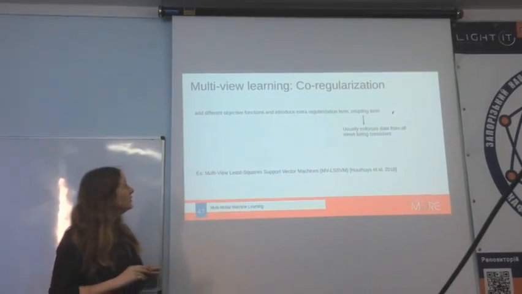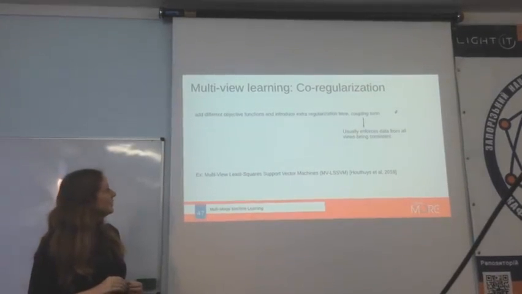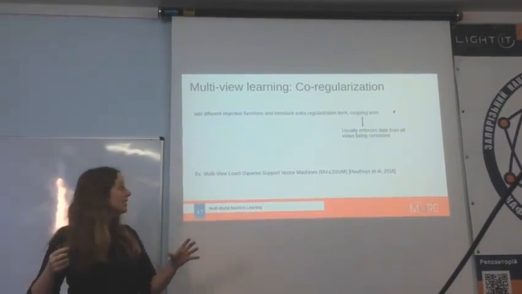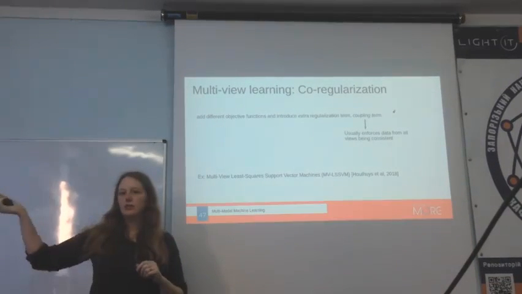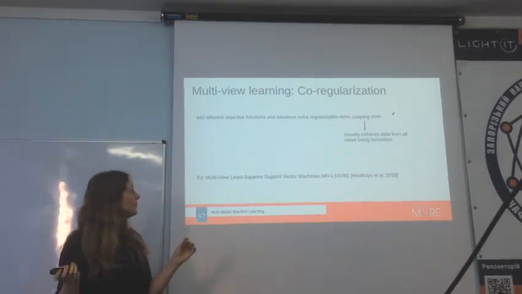Then the third way to do it is co-regularization. Here, either neural networks or kernel methods usually try to optimize some objective function, like in neural networks, to minimize the error on the training labels.